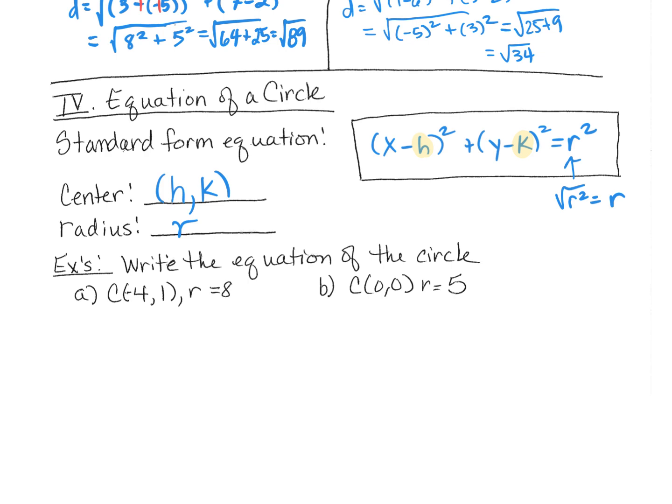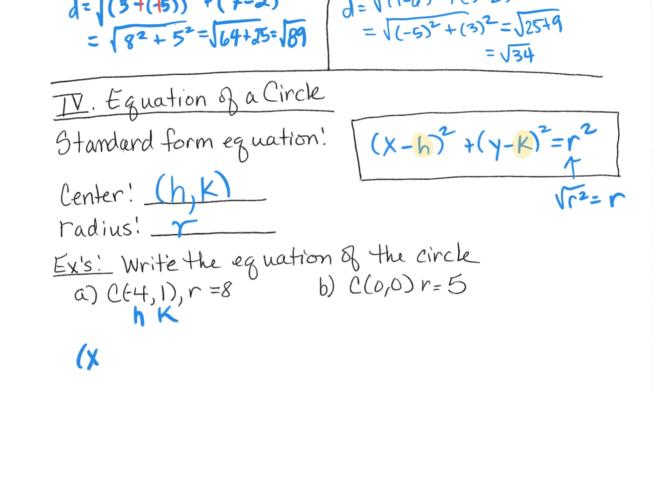All right, so let's start by actually writing the equation of the circle. To write the equation of a circle, we know that it changes signs going in. The first number is our h, the second number is our k. So if we want to put this in, it's going to become x what?